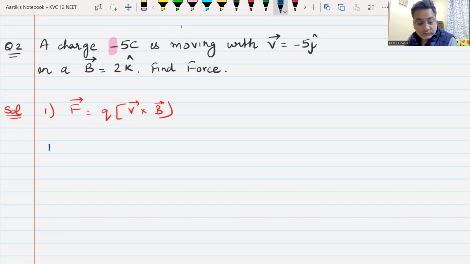So this force vector becomes minus 5. Charge is negative, remember. V is minus 5J cross B is 2K.